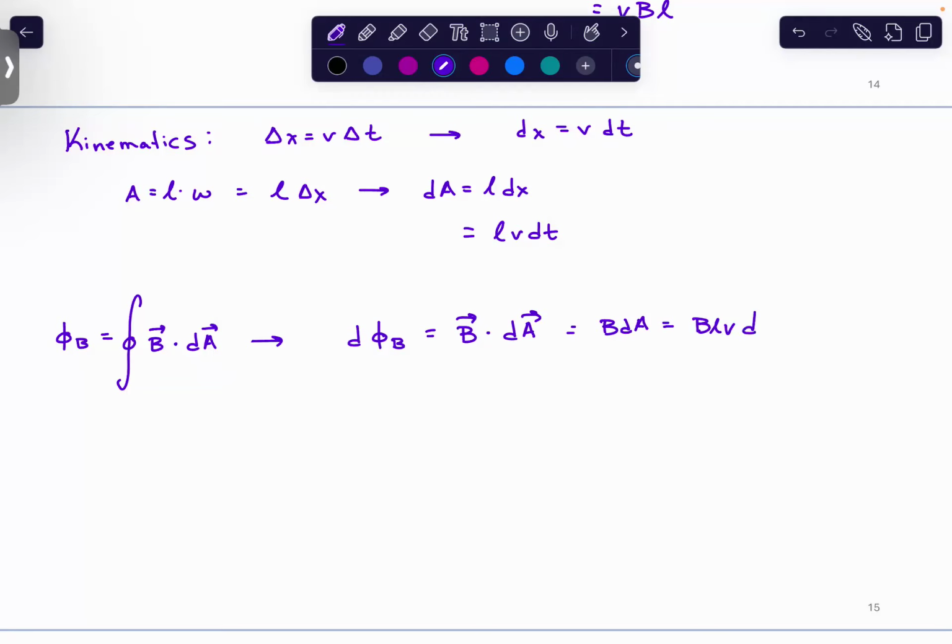BLV dt. So now we're just going to divide through by the dt. So we have d phi equals BLV dt. We're going to get d phi dt equals BLV. We already said BLV equals what?